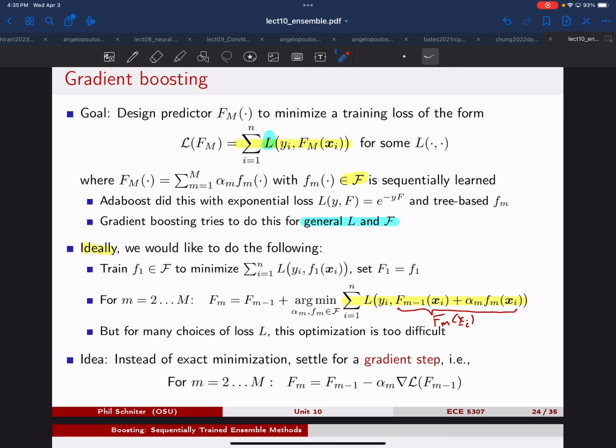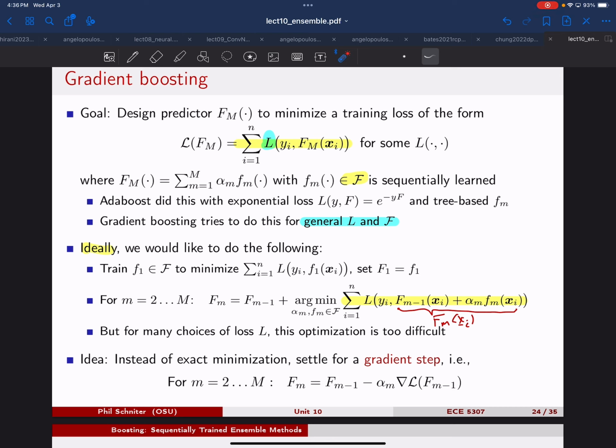So we're not trying to make alpha_M F_M good on its own. We're trying to say it's going to work well once I add it to my boosted classifier. This is what we want to work well. Unfortunately, for most choices of loss, this is just intractable. We can't really do this, don't know how to do this. So that's where gradient boosting comes up. It's an approximation to this that's tractable.